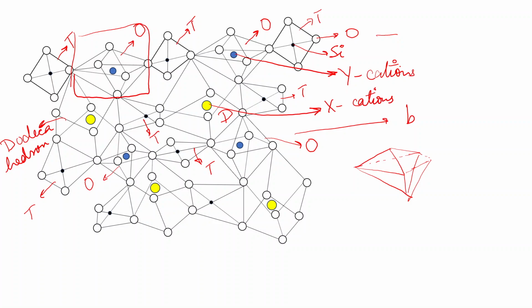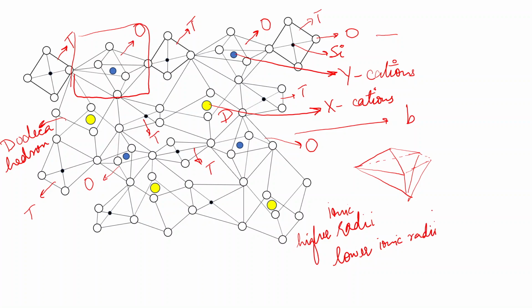Now, why does this happen? Of course, a distorted cube has a larger structure, and therefore it is equipped to accommodate higher ionic radii, while the octahedron, which is relatively smaller, should accommodate an ion with lower ionic radii.